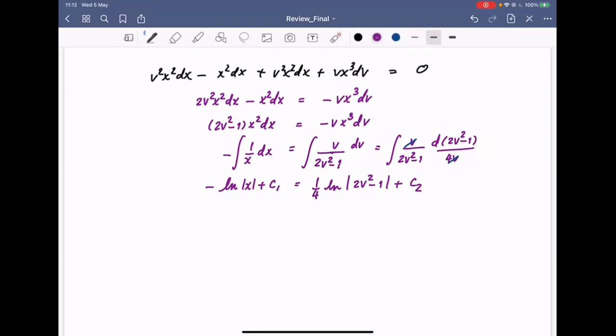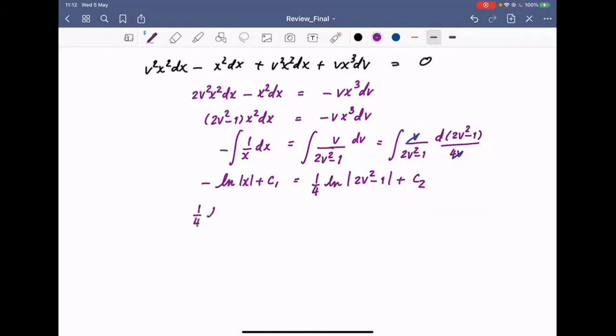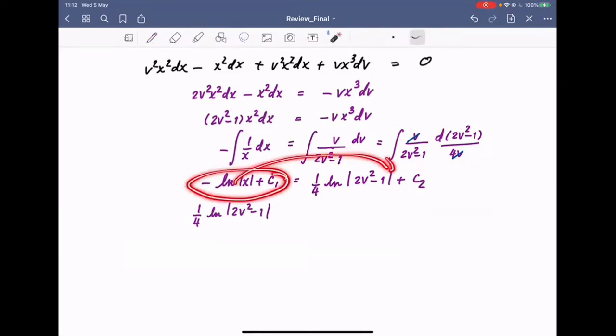And then after that, you're gonna simplify a little bit. So now I'm gonna move everything to one side. So I'm gonna have 1 over 4 log absolute 2v squared minus 1. Well, I'm gonna move the term on the left here to the right hand side.